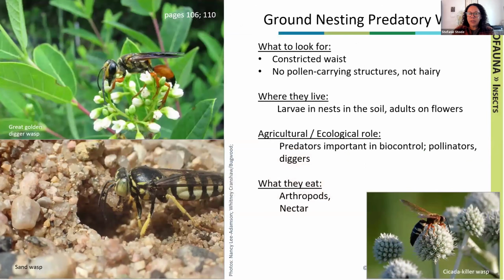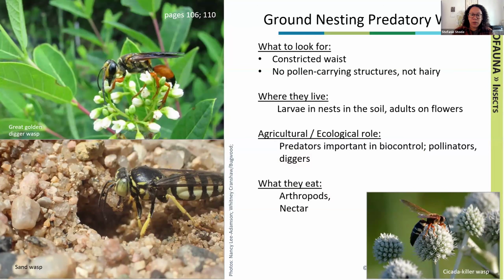All right, and similar to bees, we have ground nesting predatory wasps. Again, these wasps are solitary. They'll nest in the ground, similar behavior as those bees. Here's a sand wasp. Again, kind of small size, with single entry holes.